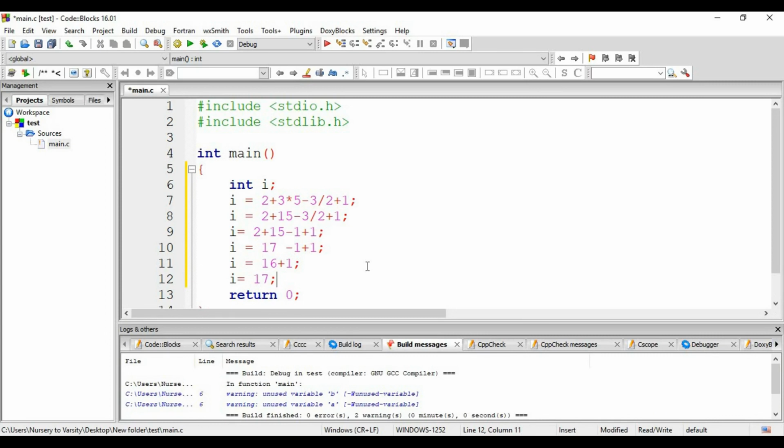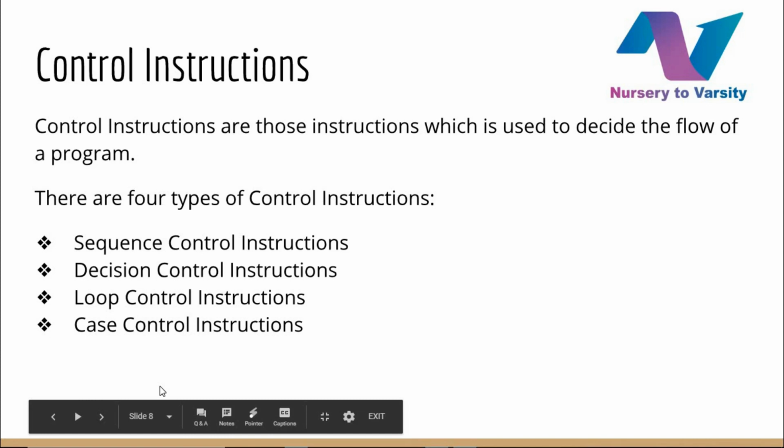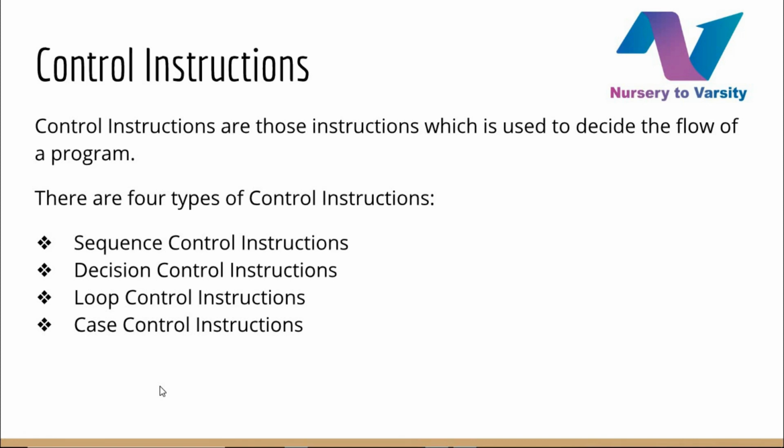Now let's move to the next type, control instructions. As the name says, control instructions are those instructions which are used to describe the flow of a program. Generally, the instructions are executed in a sequence, one after another. For example, in a simple C program, each line executes one after another.